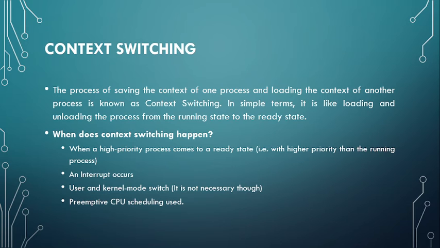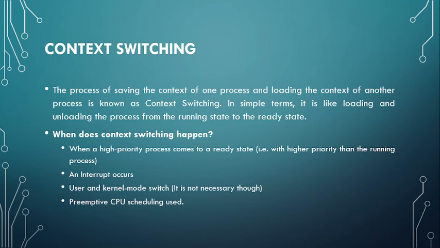And then context switching. The process of saving the context of one process and loading the context of another process is known as context switching. Here context means the process control block. The attributes of processes: process ID, state, input output information, and the stack.